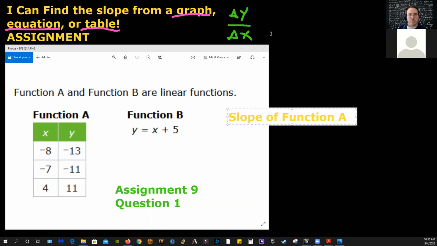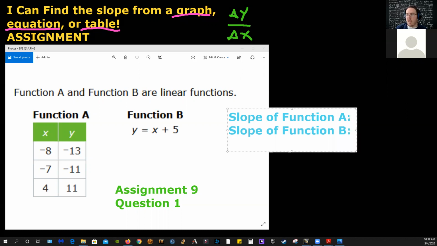It says slope of function A, slope of function B, and then it says the function with the greatest slope.